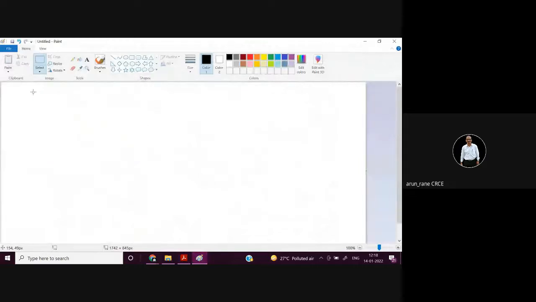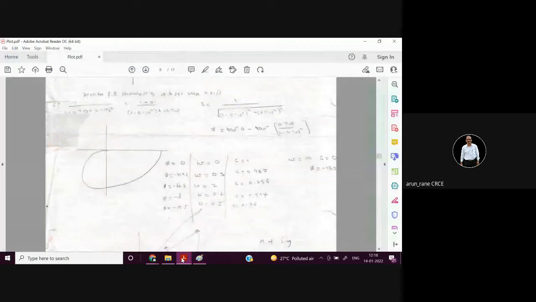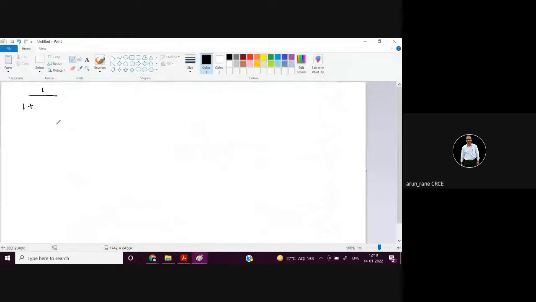It is 1 upon 1 plus 0.7 d plus 0.1 d square. Okay, now I will replace d by I omega, and here it will be I square omega square.